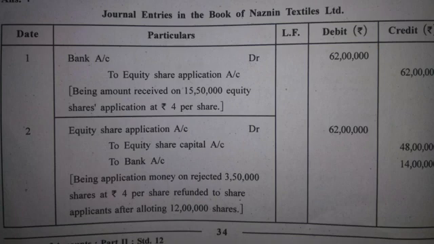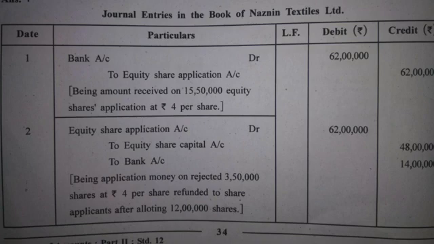Second journal entry is equity share application account debit to bank account. Which amount you are going to write in that? 3,50,000 into 4, because you have rejected 3,50,000 shares. Third journal entry, remaining 12 lakh applications.